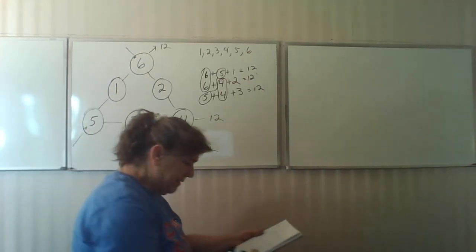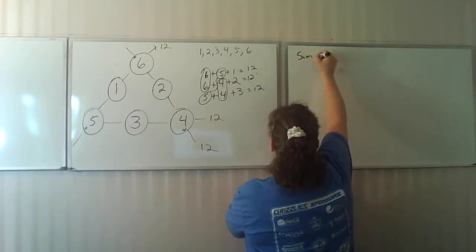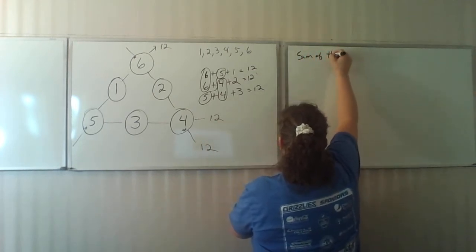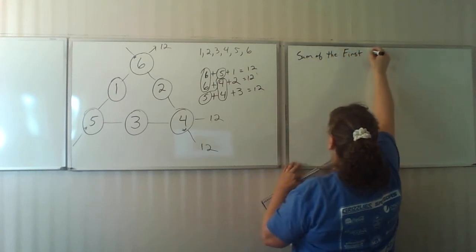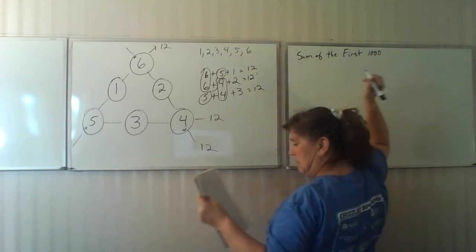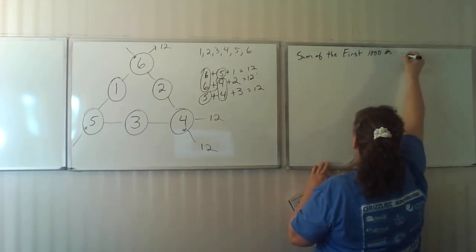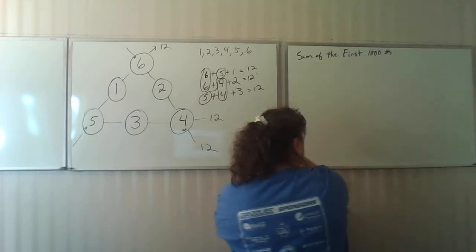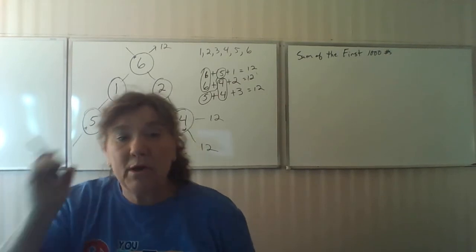How about this one? The sum of the first 1,000 numbers. And that means we start with the number 1, okay? Well, that's an awful lot of work to write all those numbers down and add them all up.